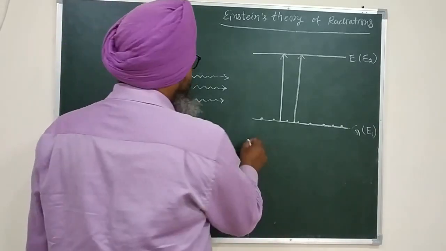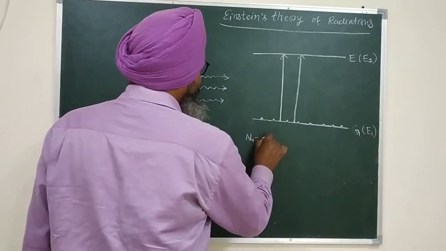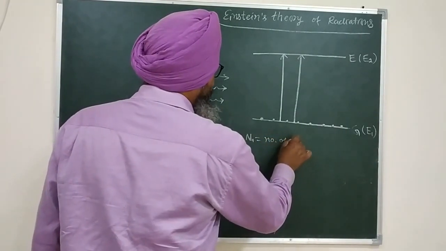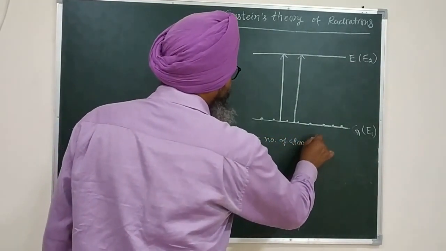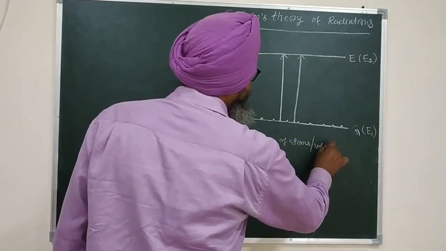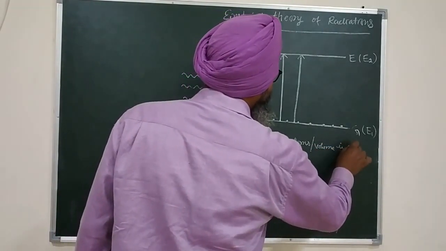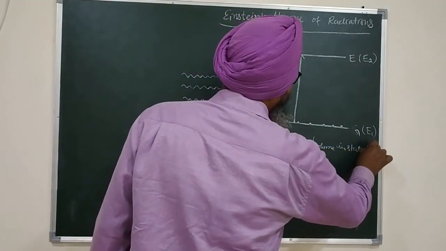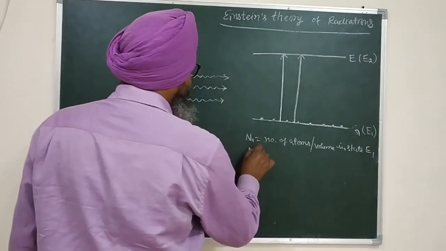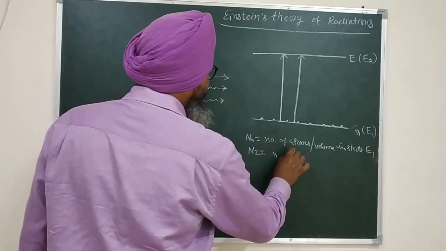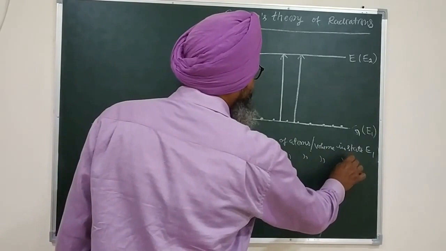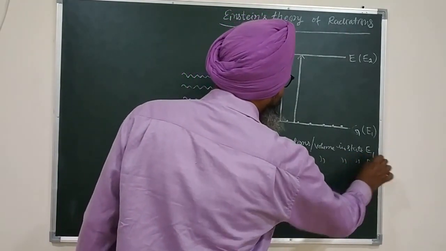Suppose N1 is the number of atoms per unit volume in state E1, and N2 is the number of atoms per unit volume in state E2.